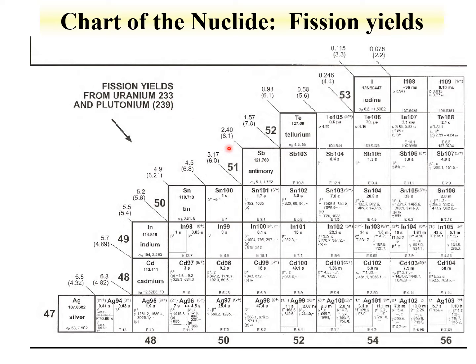Plutonium-239 is in parentheses. So 1.6% of the time, when plutonium fissions, it produces a fission product with a mass of 102. Uranium-233, when it fissions through thermal neutrons, 2.4% of the time, it produces a fission product with a mass of 102.